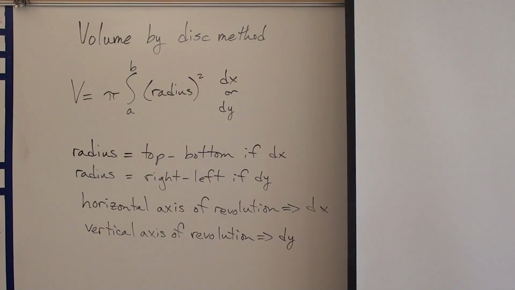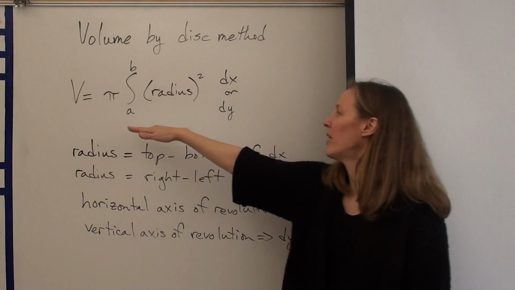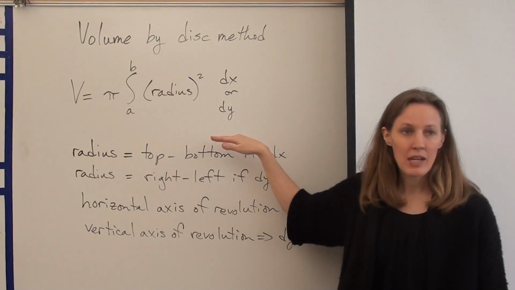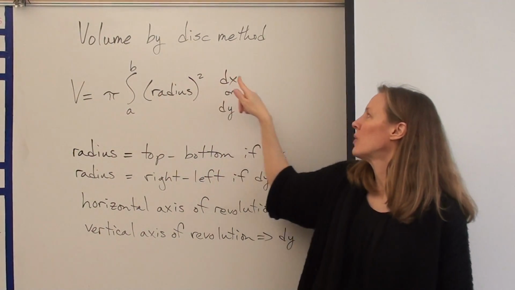The formula for the volume of any shape that has a consistent cross section is the area of the cross section times the height. For a cylinder, the cross section is a circle, so the volume is pi r squared, the area of the circle, times the height. Pi r squared h.